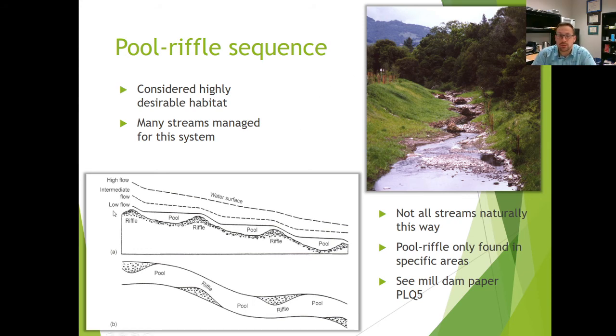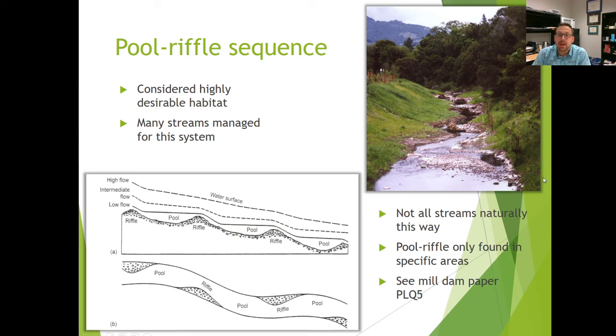You see from a little side view, what you get are these pools, and then a little conglomeration of gravel or cobble, bigger rocks, and then a pool, and then a riffle, and then a pool. From the top, it would look like here would be the riffle, pool, riffle, alternating between that.